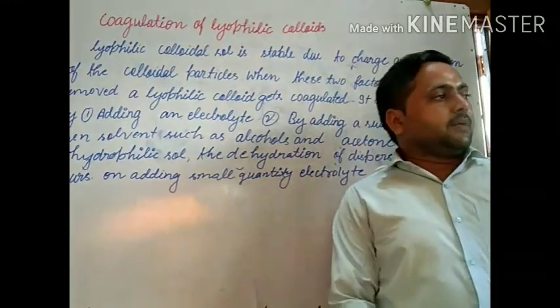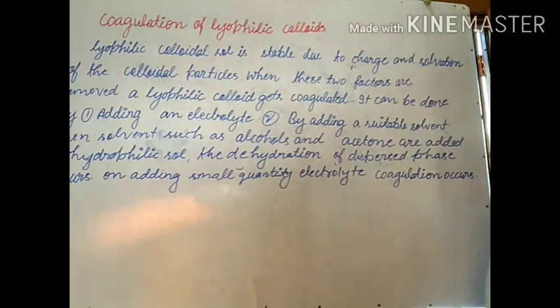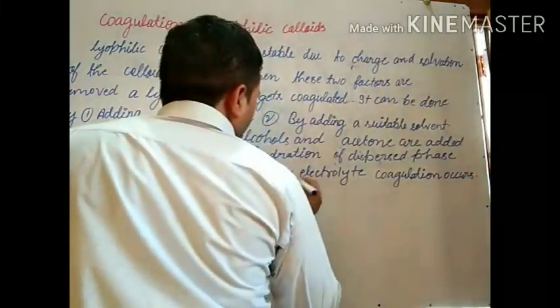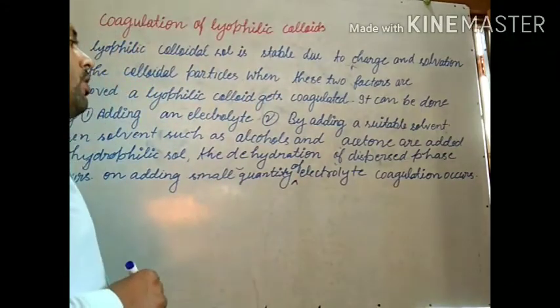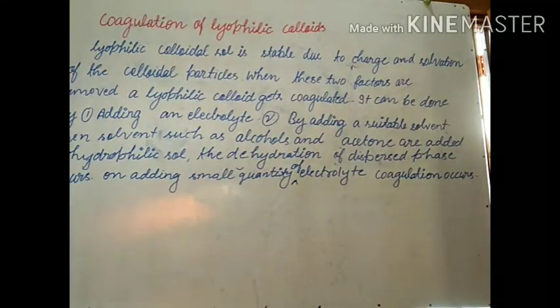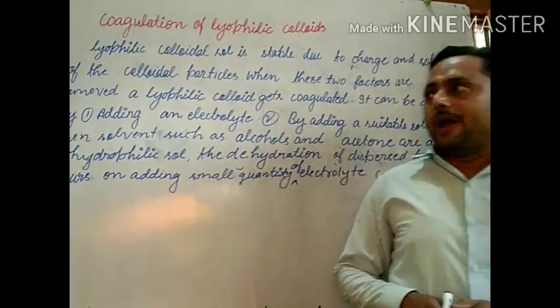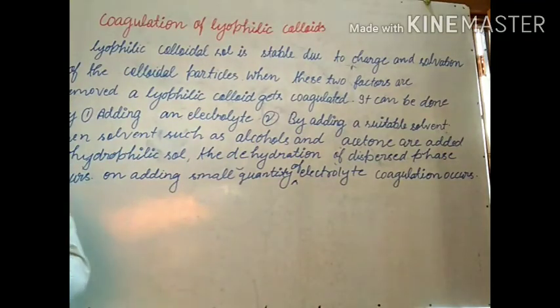After that, if we add a small amount of electrolyte, coagulation occurs. So what we have seen here is that lyophilic colloids are stable due to charge and solvation of the colloidal particles.